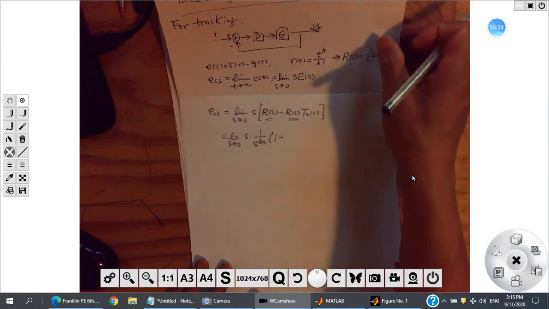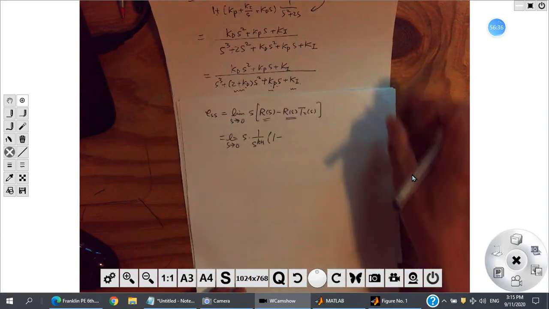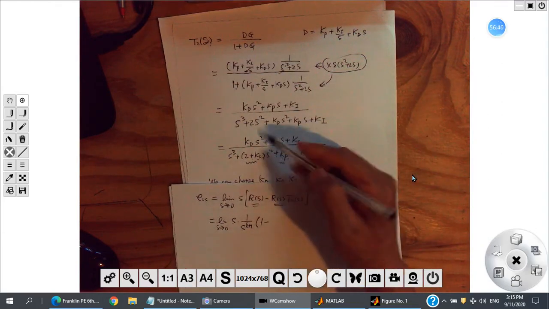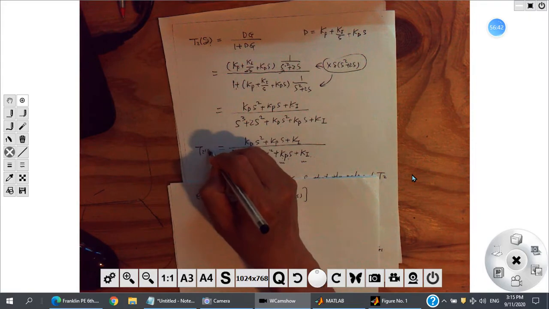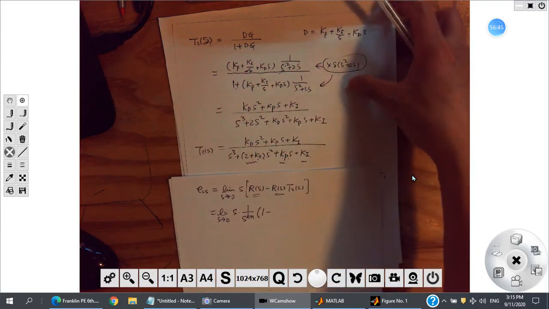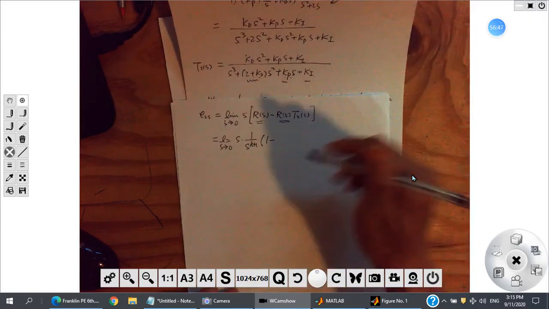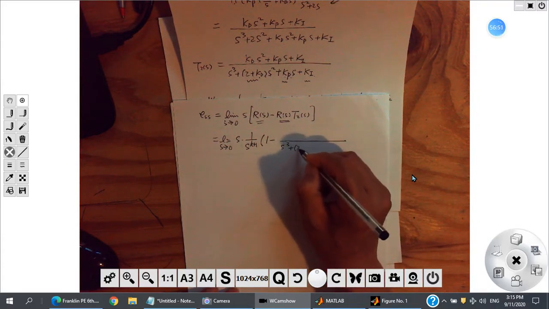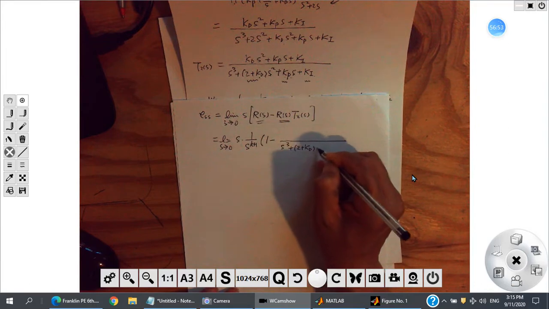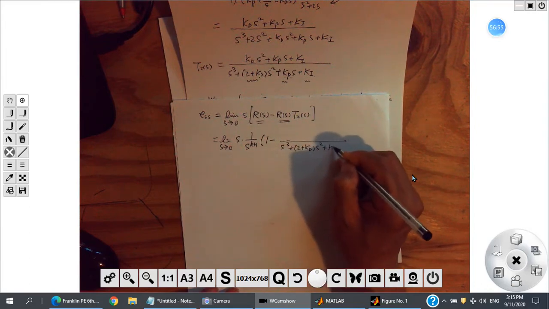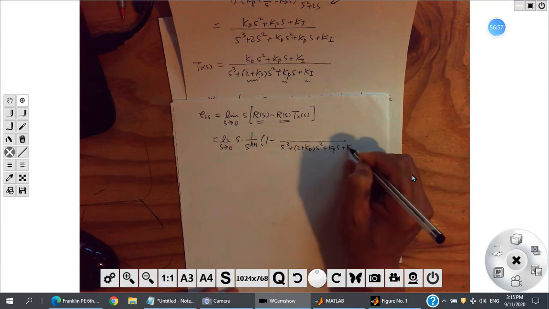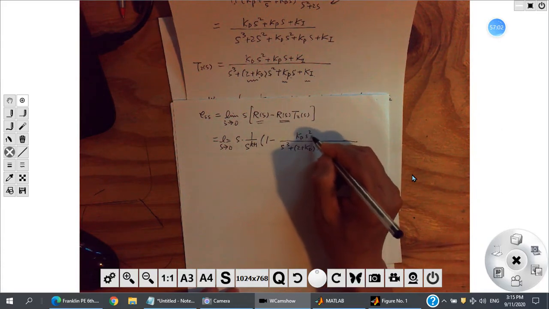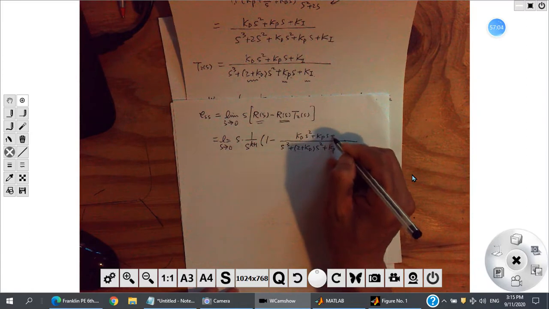And T2(s) is this one. So it is 1 minus this one. It is s cubed plus 2 plus kd s squared plus kp s plus ki. This is the denominator, and the numerator is kd s squared plus kp s plus ki.